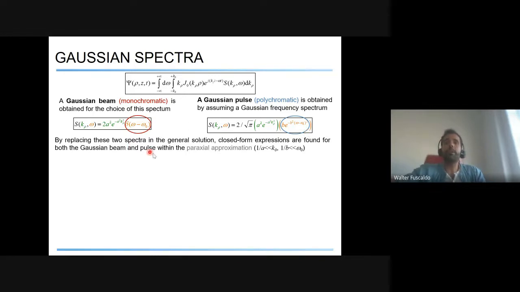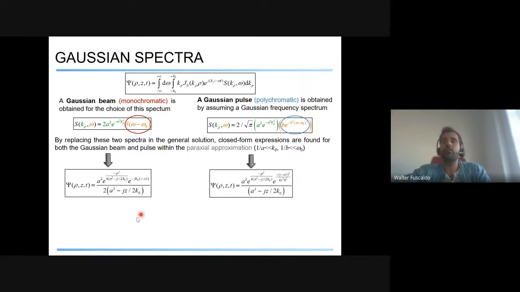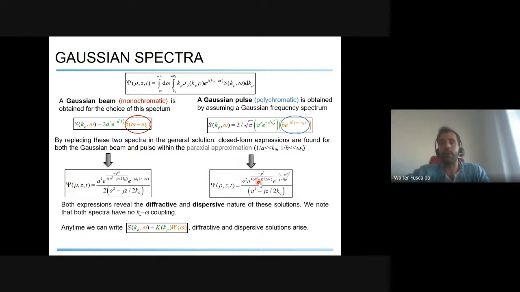If we replace these two spectra in the general solution, and we assume the Gaussian beam and the pulse are obtained under the paraxial approximation, we get this closed form expression for the generic solution of the wave equation that represents indeed the Gaussian beam and the Gaussian pulse.